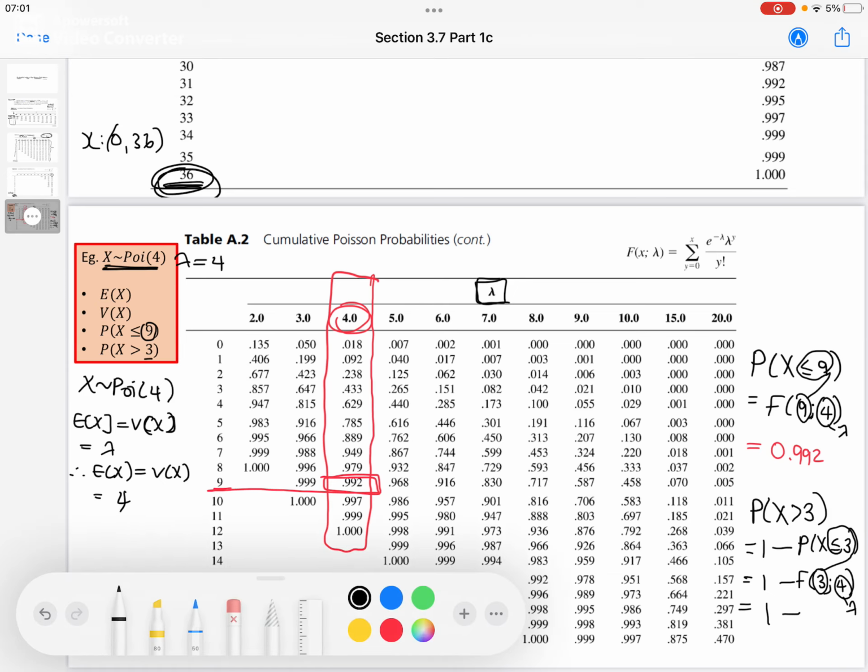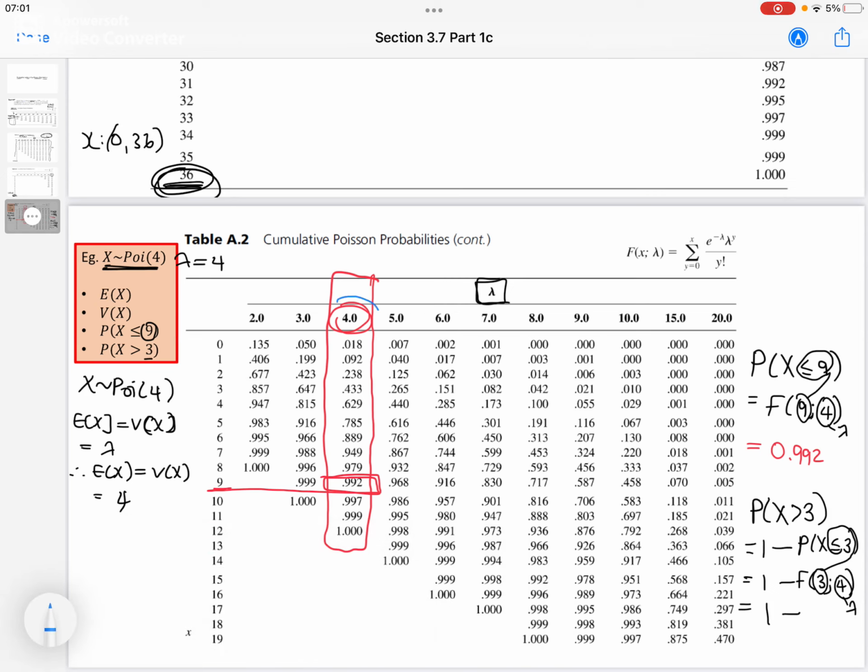You go to where lambda is 4, look only at that column, and locate x equal to 3. So we have 1 minus 0.433.